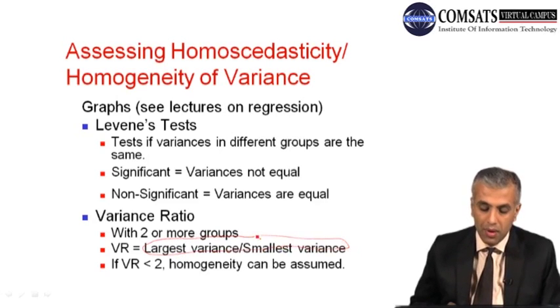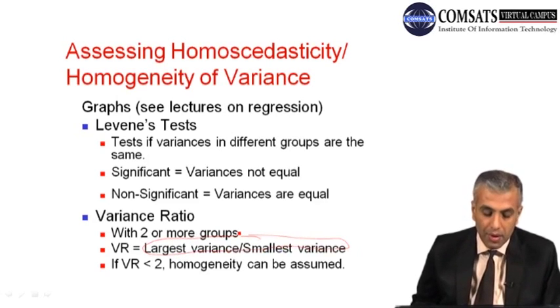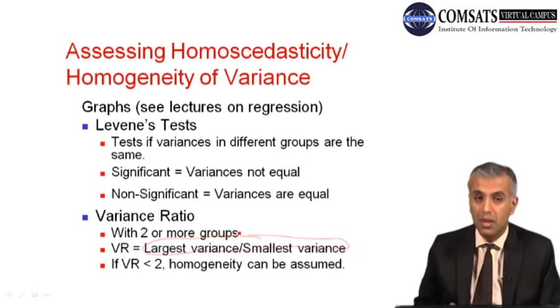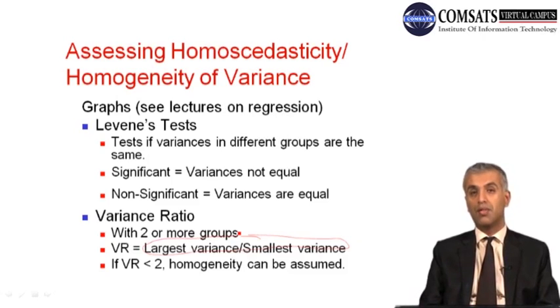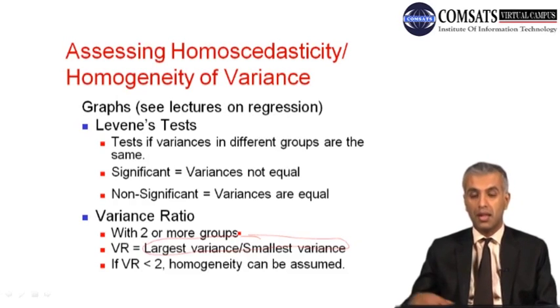If this variance ratio is less than 2, then we can assume that homogeneity can be assumed. But there is an additional way of finding out the homogeneity of variance, which is through graphs, which we will follow up in our further lectures on regression here.